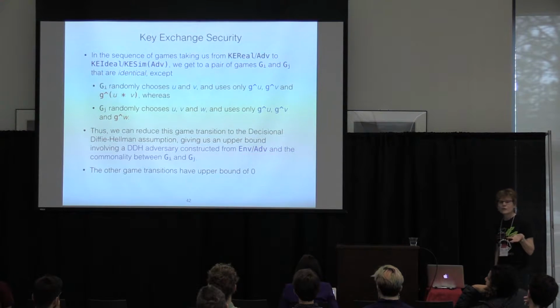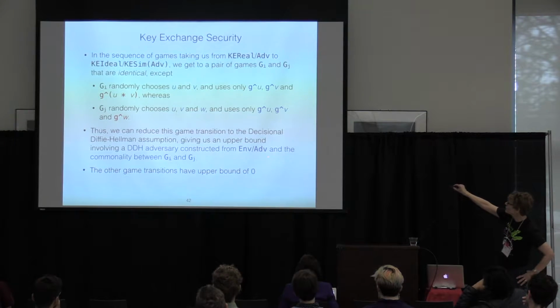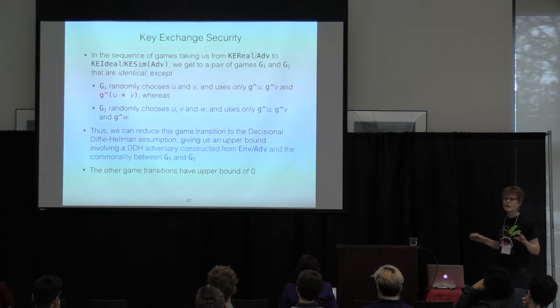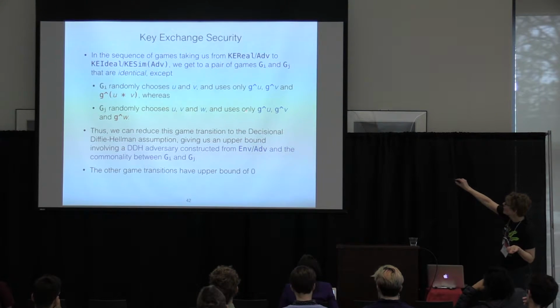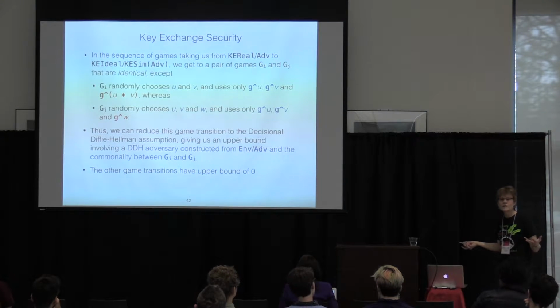And our upper bound that we get is the reduction. It's a constructed adversary built out of the environment and the adversary. So the DDH adversary we build mechanically, textually, out of the commonality at the point of this gap, which involves using the environment and the adversary because they're part of this commonality.